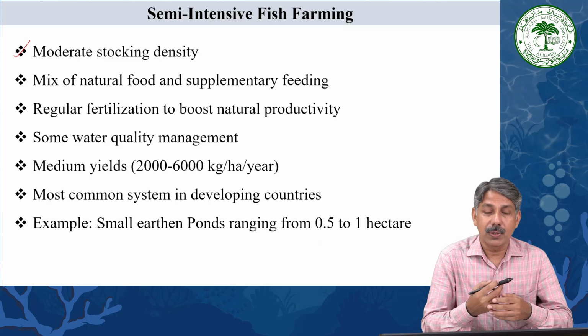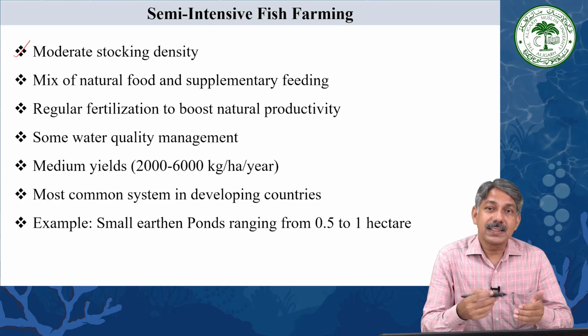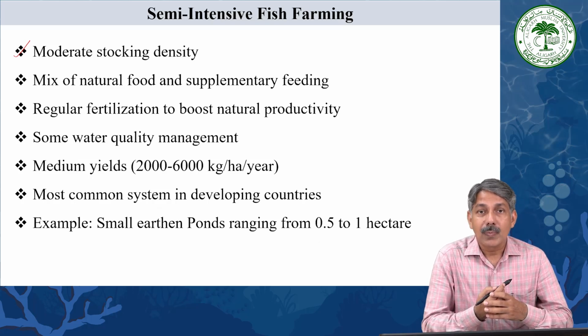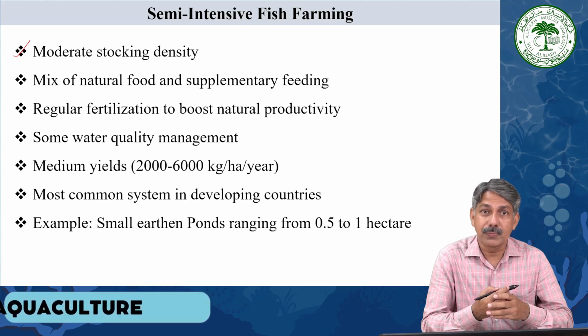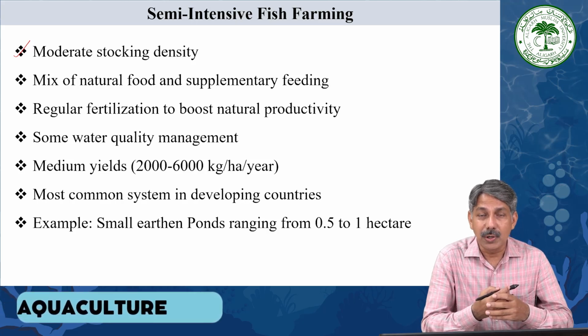In semi-intensive, what we do, we increase the stocking density moderately, and when we increase the stocking density, what will happen? The natural food available in the pond may not be enough for all the fish present in the pond.